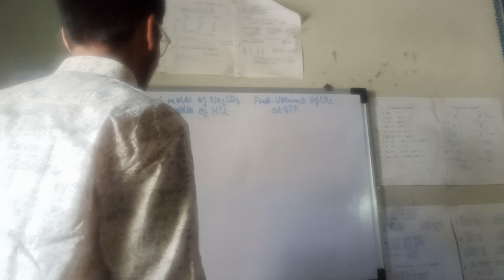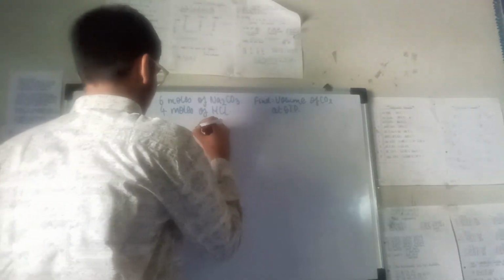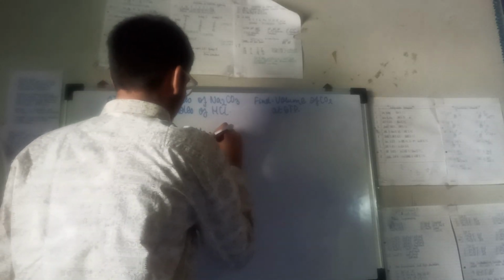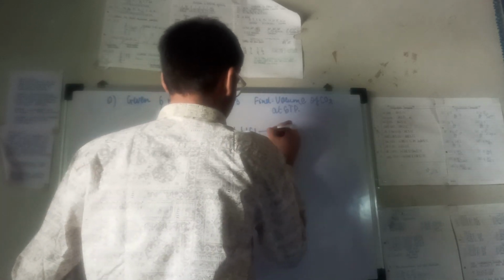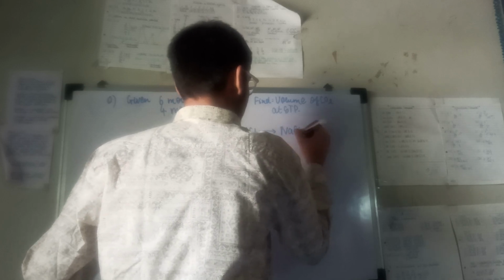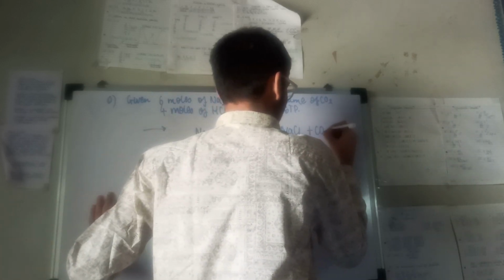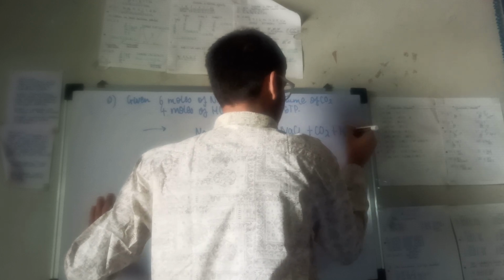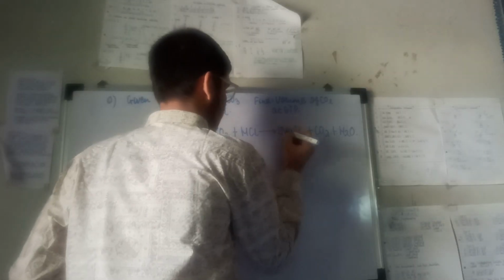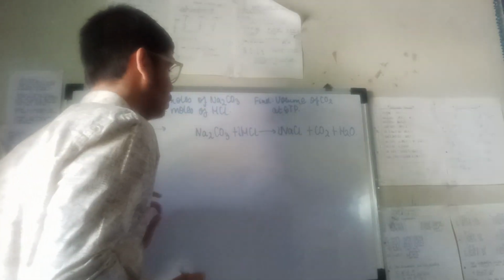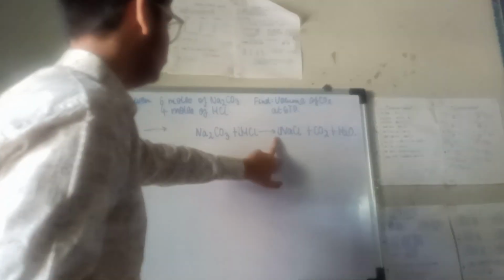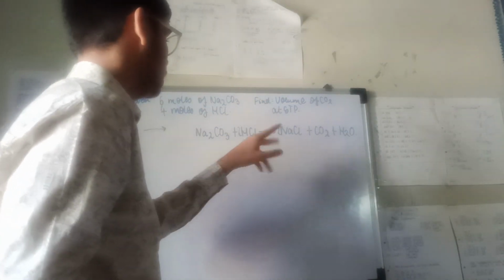First, our basic step is to write the chemical reaction because they are reacting. Na2CO3 plus HCl gives NaCl plus CO2 plus H2O. Let's balance it. Here I have to add 2, and here 2 for H2O.